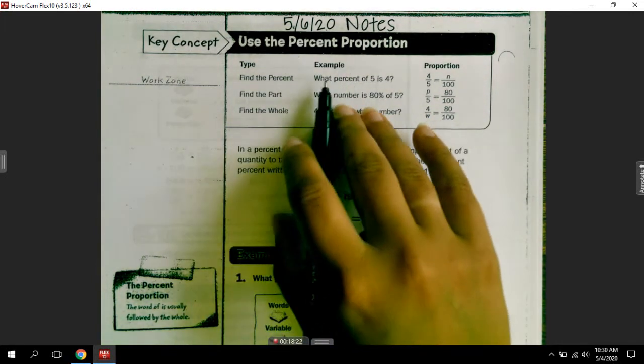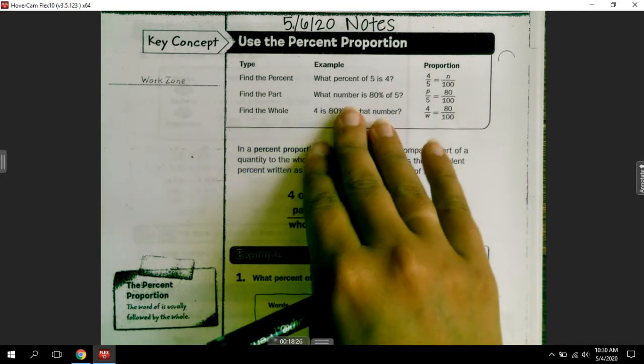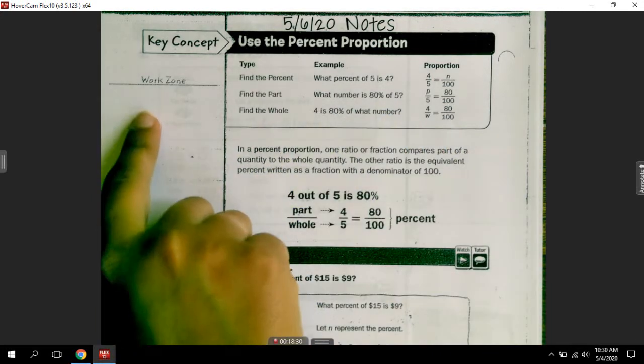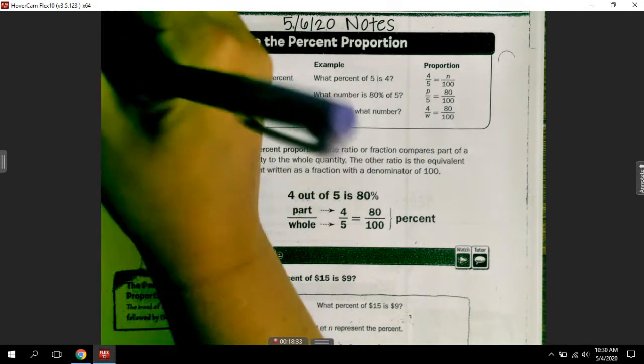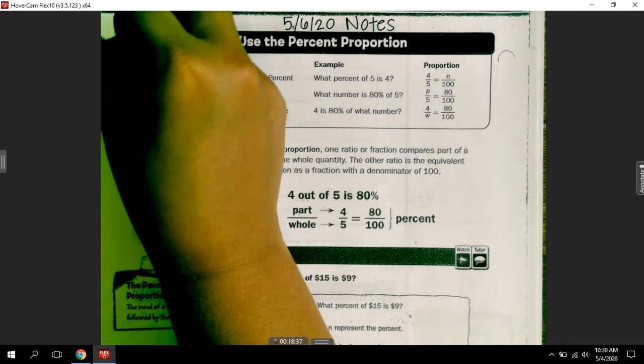So this says, what percent of 5 is 4? When you're reading these sentences, I want you to do exactly what I'm doing, and I'm going to write it over here. For the percent, you're going to circle that in your sentence, okay?